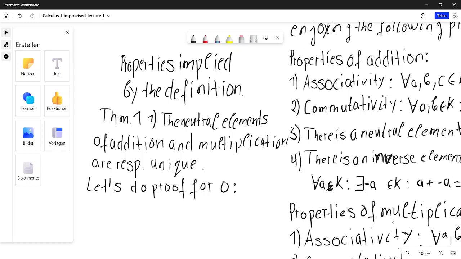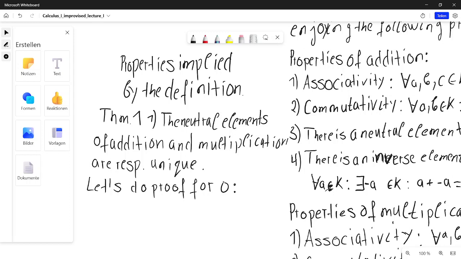Okay, let's do proof for zero. First of all, we have to contemplate what it means that the thing is unique, because it is not that trivial. What it means in mathematics is that any other thing that we suppose in this setting that enjoys those properties is actually equal to the thing that we suppose to be the one thing.